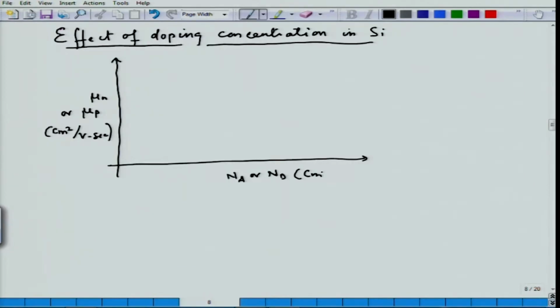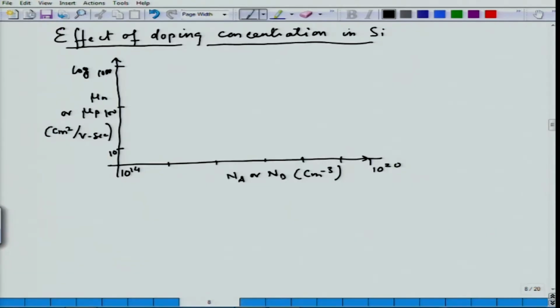which is in centimeter cube per centimeter cube, and I am going to take it from low level of doping to let us say about 10 to the power 20, with 15, 16, 17, 18 and 19, something about 10 to the power 20, and this is in log scale. So, in the log scale this number is about 1000, 100 and 10.